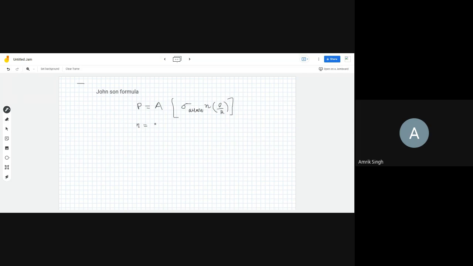N is a constant that depends upon column material. So for MS, n is equal to 0.005.